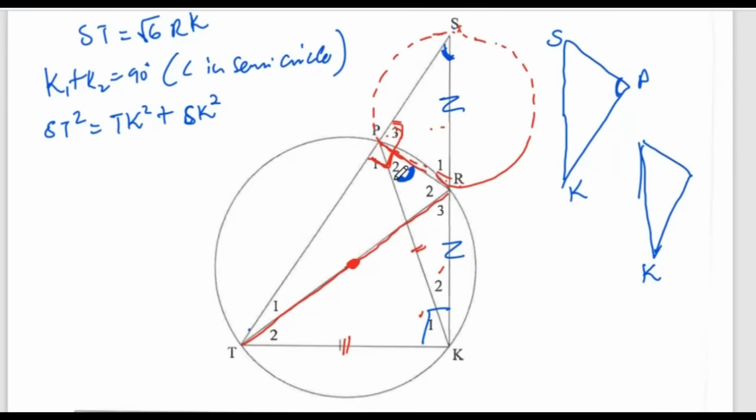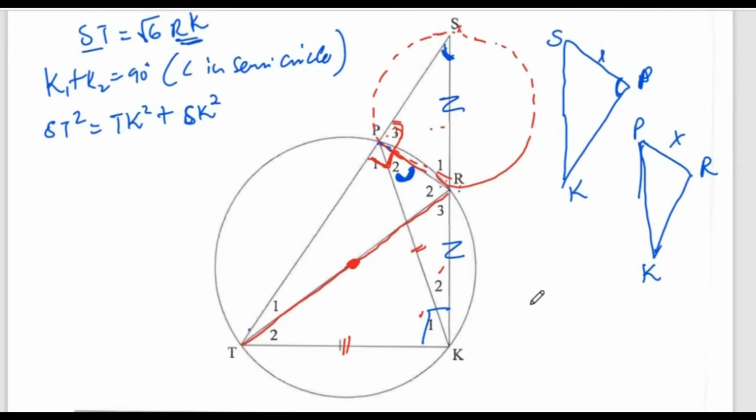P2 is the same as P, and this is going to be R. My question just has R. So I'm going to try to eliminate PR. Is that even possible? It's very possible. So I'll ignore this side and that side.